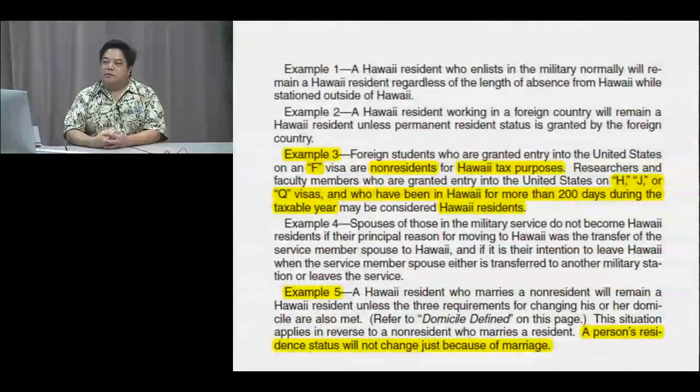But that doesn't stop you from taking a stance. If you believe you're never going back to your home country other than to visit, then you can say you're a resident, assuming you've been here more than 200 days. So if you can just go over that and see what it is. It's pretty much a position that you're taking most times, unless you're happy with the F1 automatic non-resident.